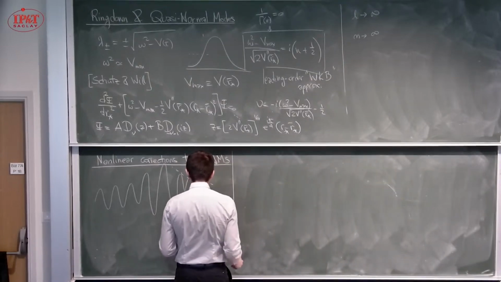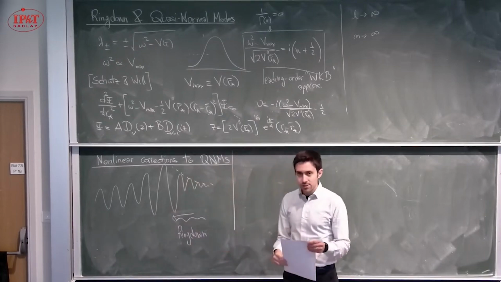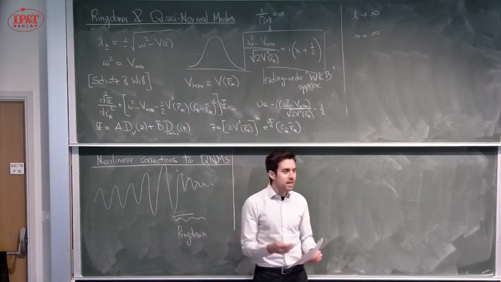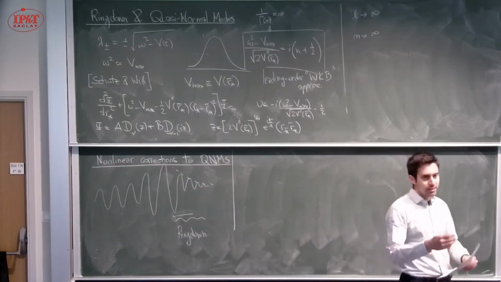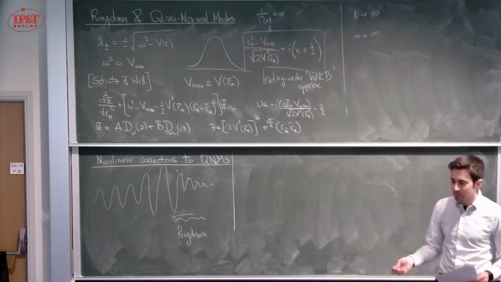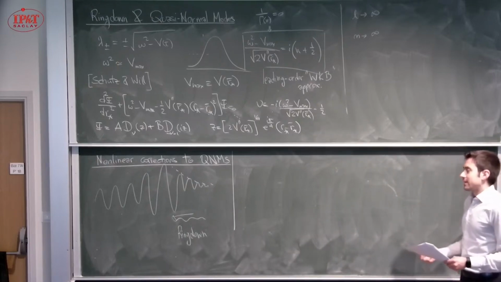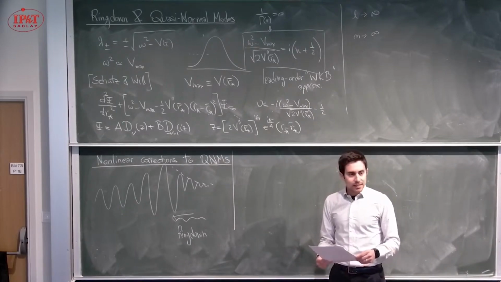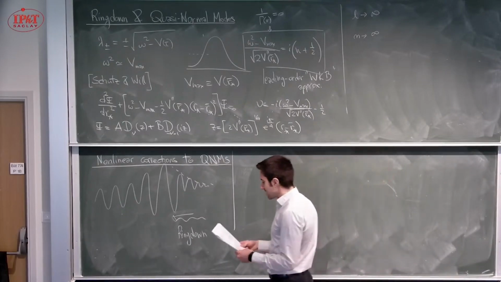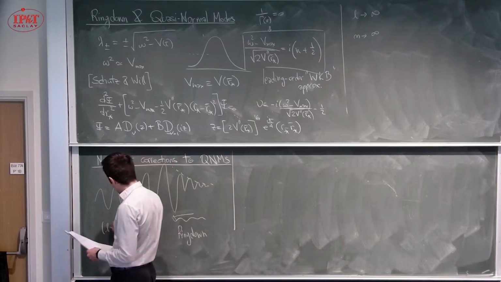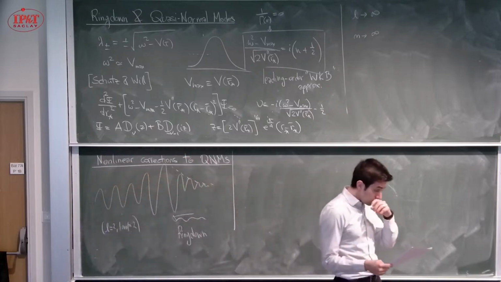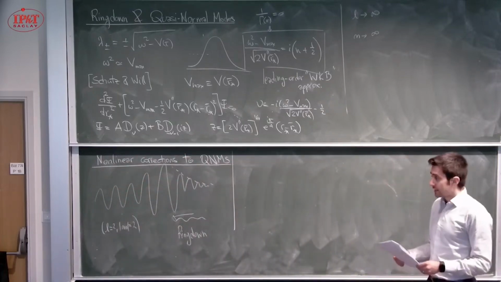In fact, let me make just another comment. Why is this interesting? Why is this relevant? We said that linear modes are labeled by three numbers: there is an overtone, there is L, and there is M. The question is, can there be nonlinear corrections to a fundamental mode, which is, I don't know, L equal to 2, M equal to 2, the one that is found to have the largest amplitude?